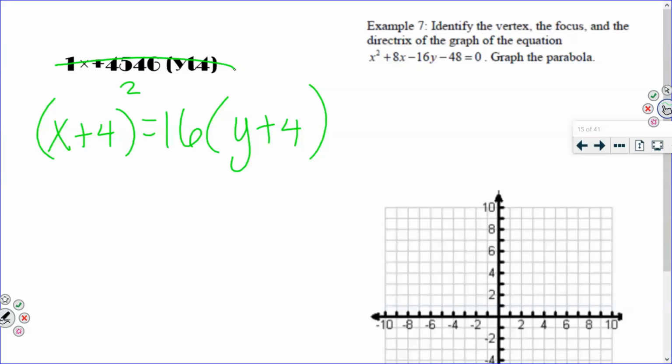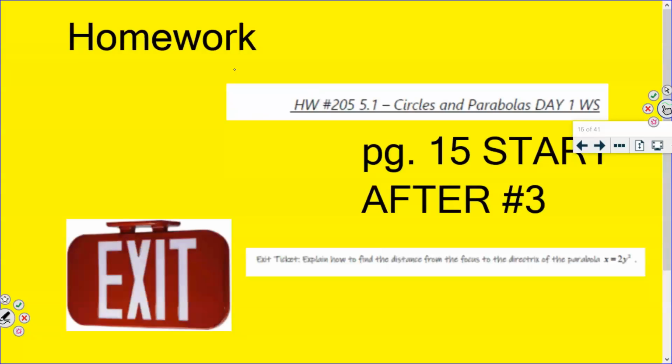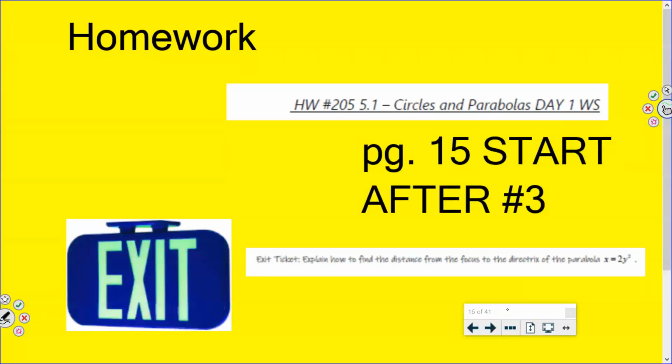You guys are so amazing. I don't even know why I always finish early in this class. Here's your homework. Remember, your homework has some circle stuff on it, but don't worry about the circle stuff. So you're going to start after number 3, and it's page 15. Fill in that box.